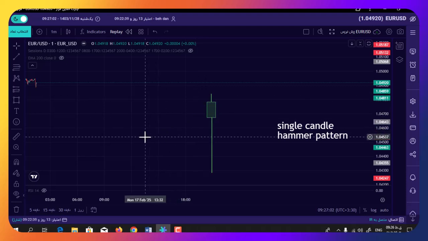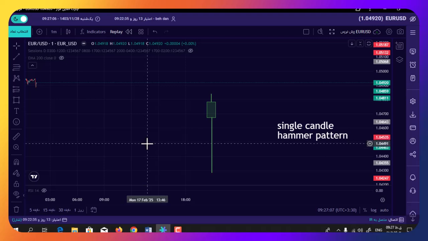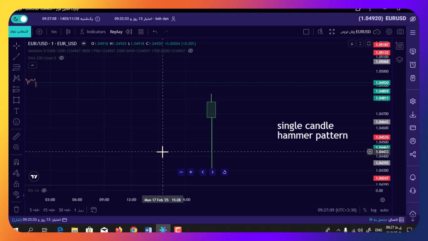This candlestick should form at price bottoms or at static and dynamic support levels, as we expect the price to rise after its formation.